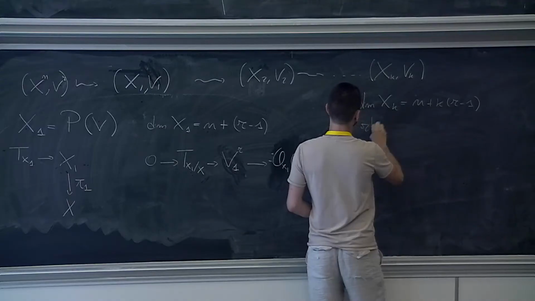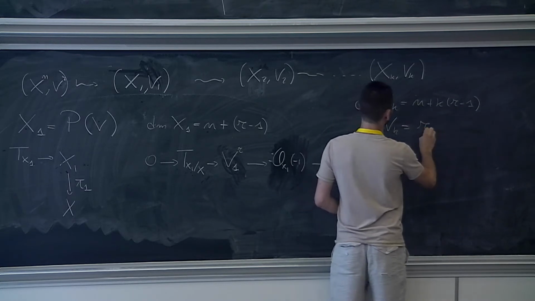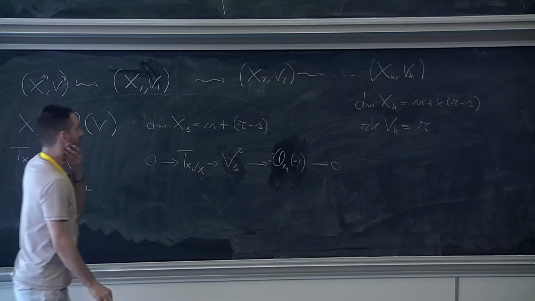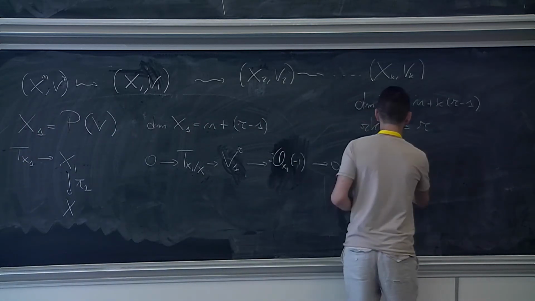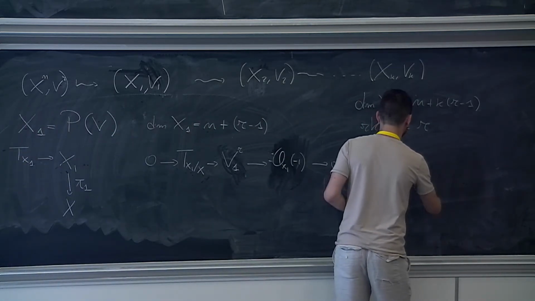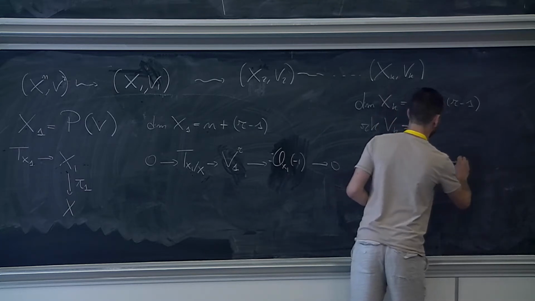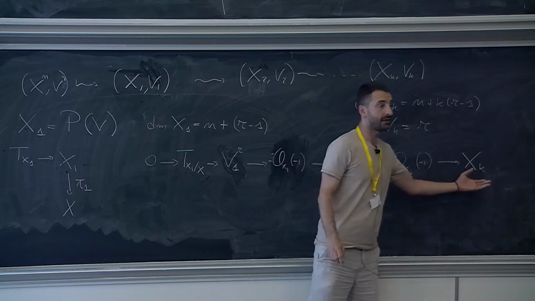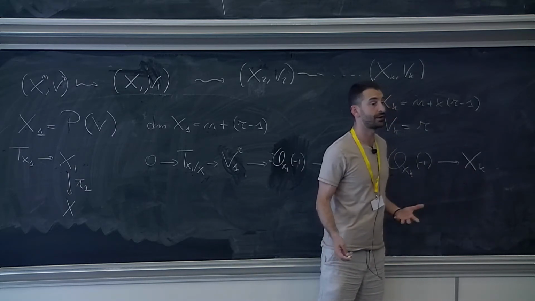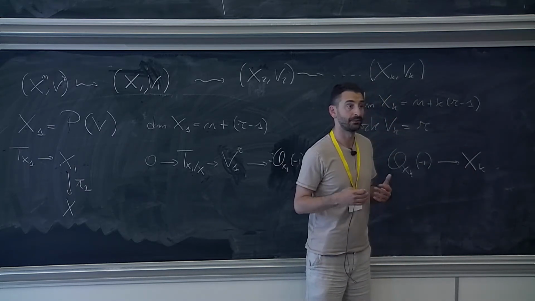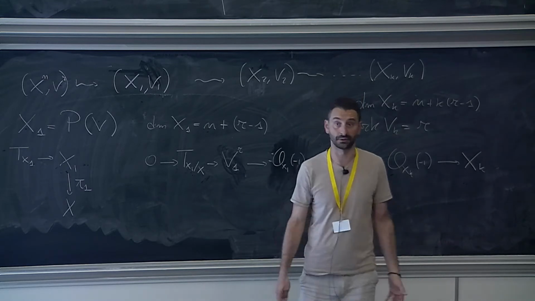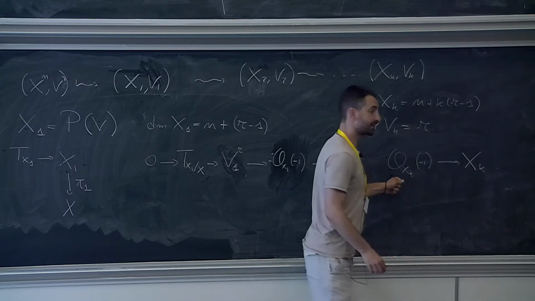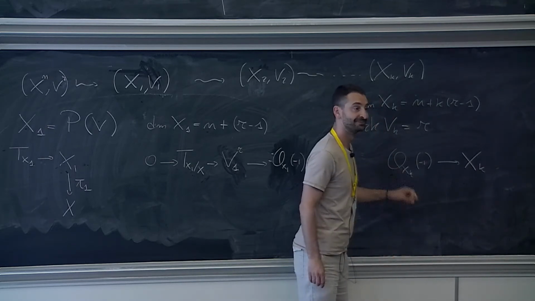And the rank of V is always the same. It's always r. And in Xk, you have this tautological line bundle, which is for free because Xk is obtained by projectivizing some vector bundle at the preceding step. So you have a tautological line bundle on Xk. Okay? And this is the one.